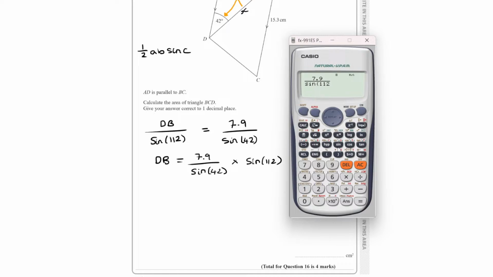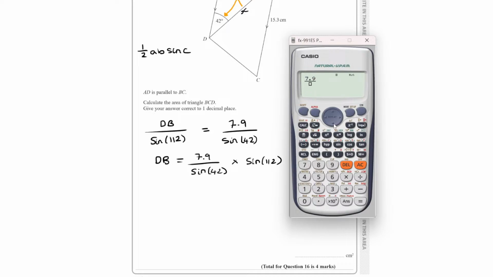Sine 112 multiplied by sine... Oh, no, make sure you get in the right place. That one's 42. Let's start again.